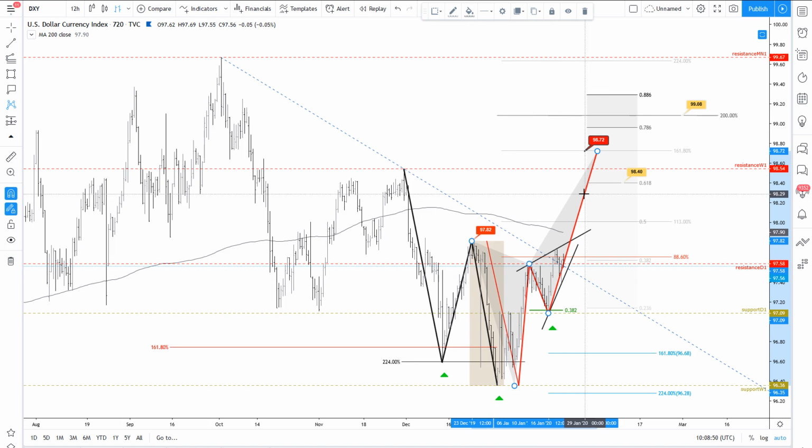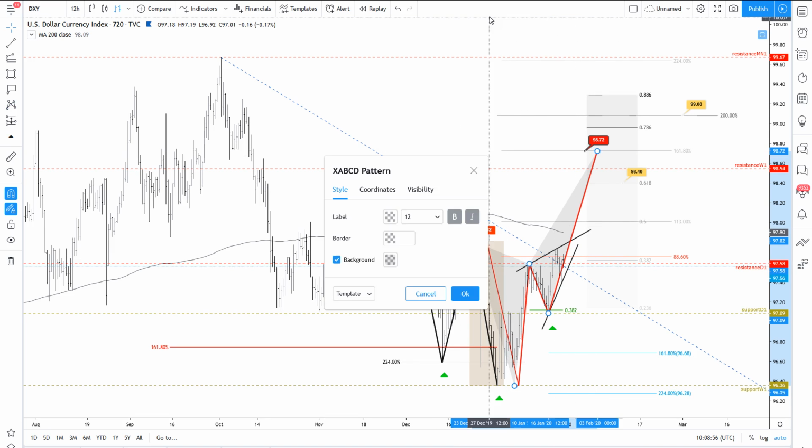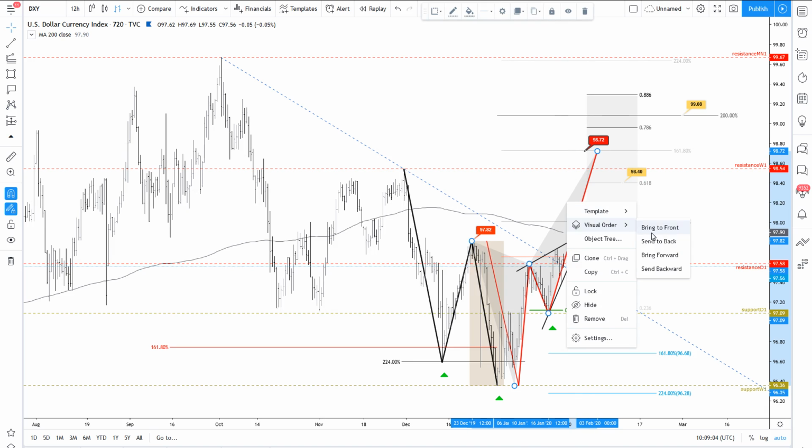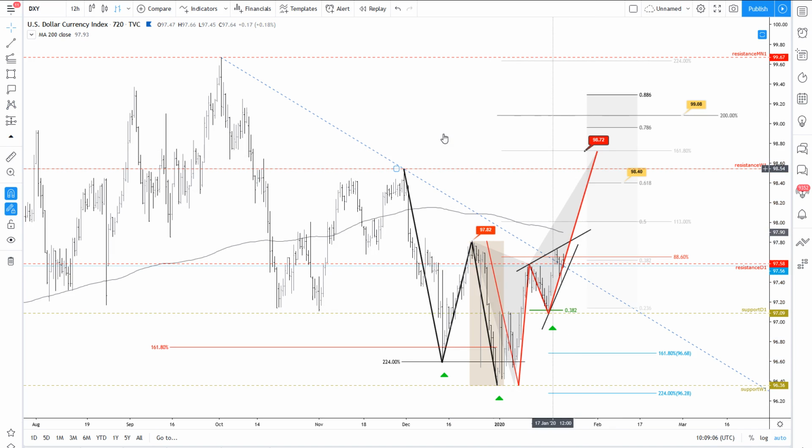If that happens, and at confluence with the same price, with the previous pattern that I mentioned before, we have this deeper crab pattern.